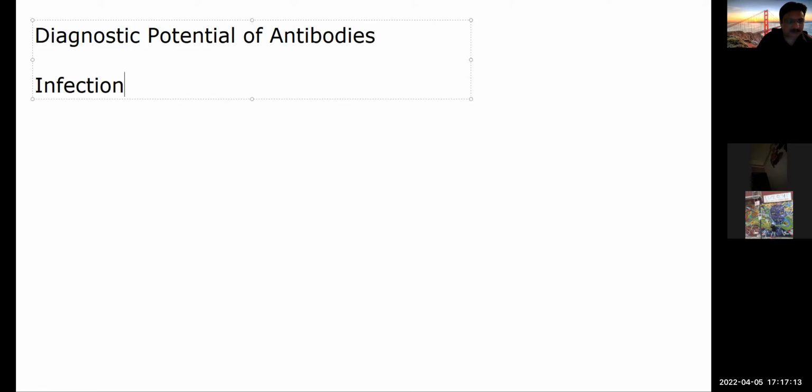Diagnosis means to find out the cause of illness. Now, antibodies could be very helpful in knowing if there is an infection. Let's say we want to find out the stage of cancer, whether a person is HER2 positive, or in prostate cancer, what stage of development the cancer is in.